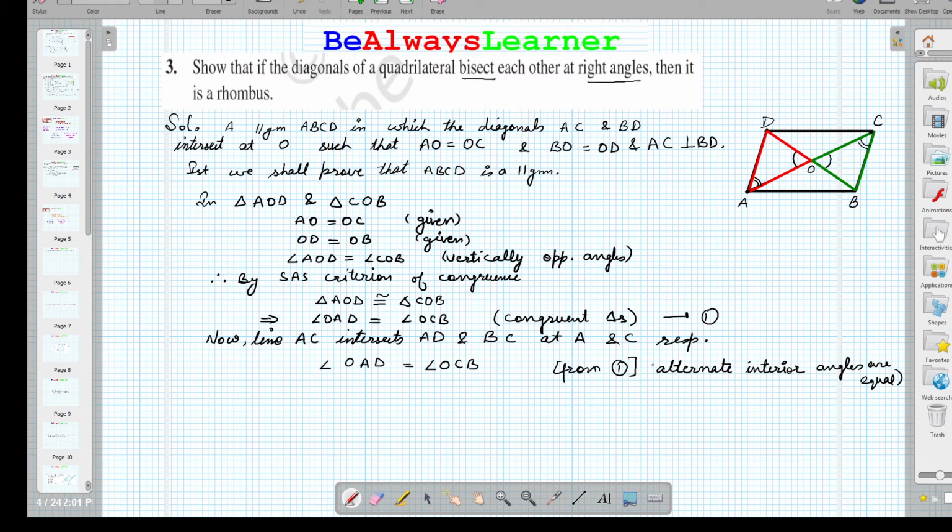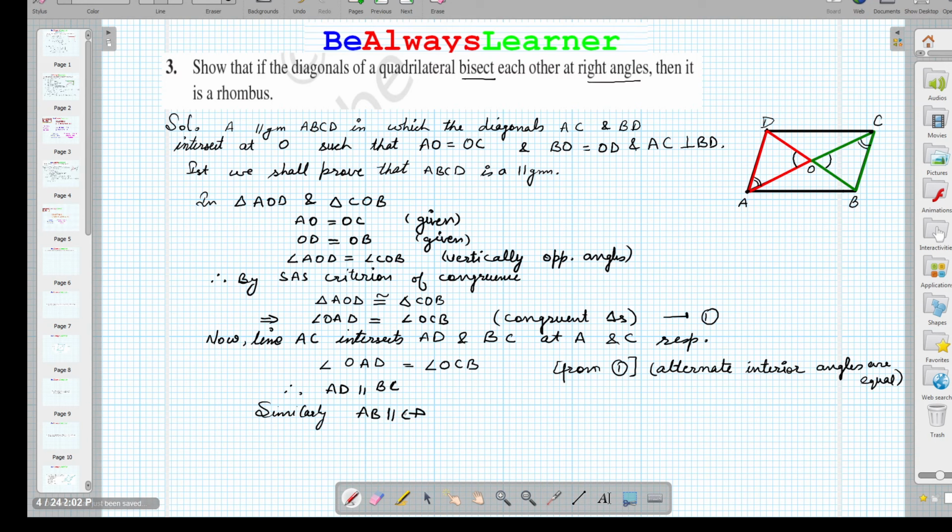So AD is parallel to BC, and similarly we can also say the AB side is parallel with CD side.